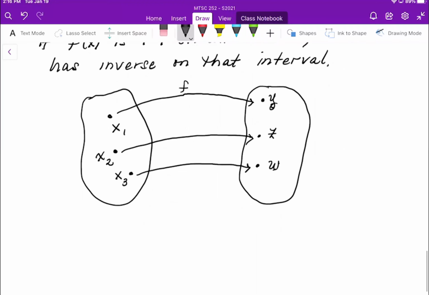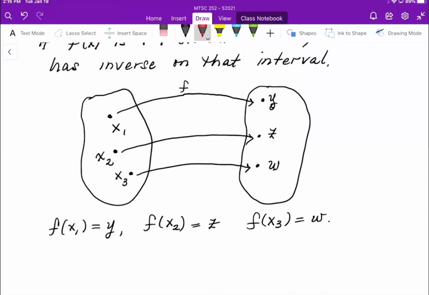So I know that f of x1 is y, f of x2 is z, and f of x3 is w. But because this function is going to be 1 to 1, I can see that f inverse is going to take y back to x1. It's going to take z back to x2, and it's going to take w back to x3.